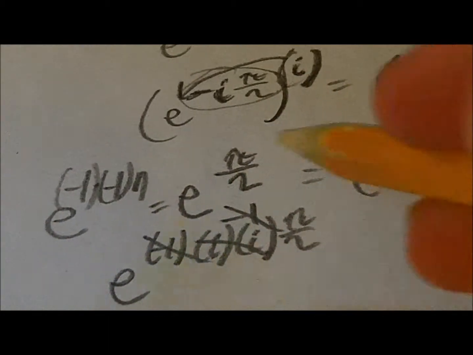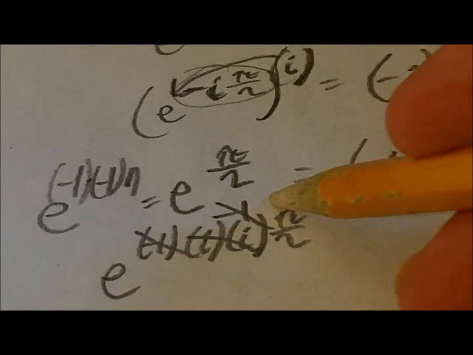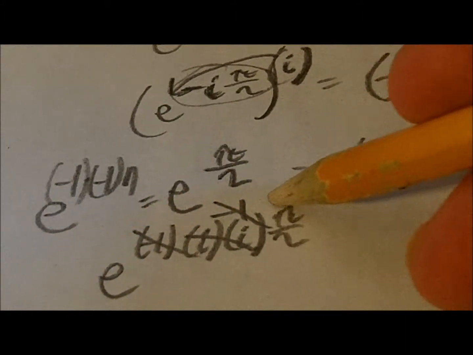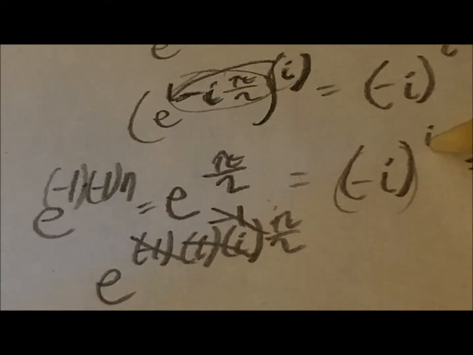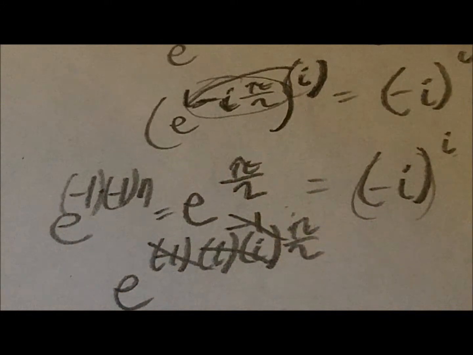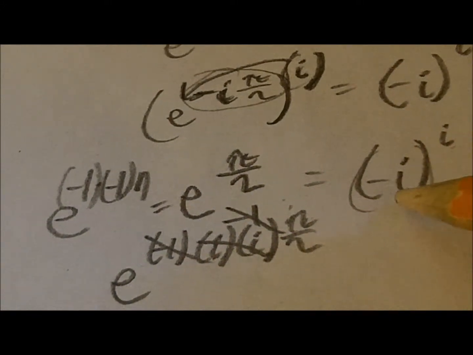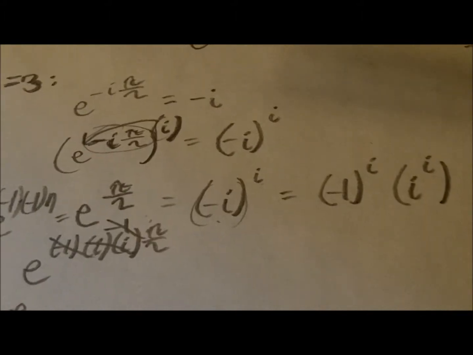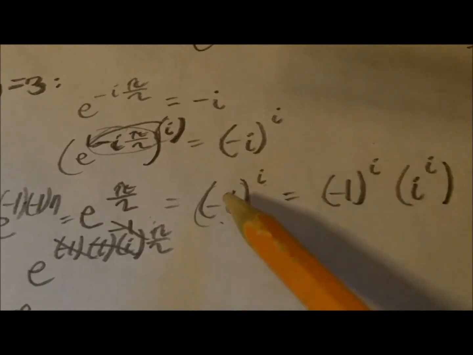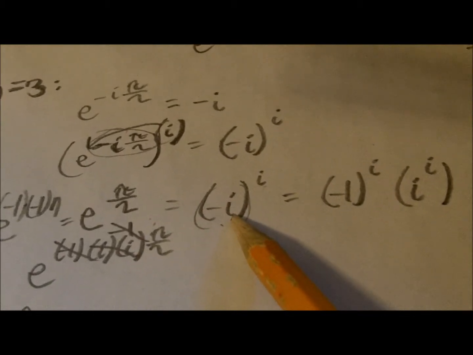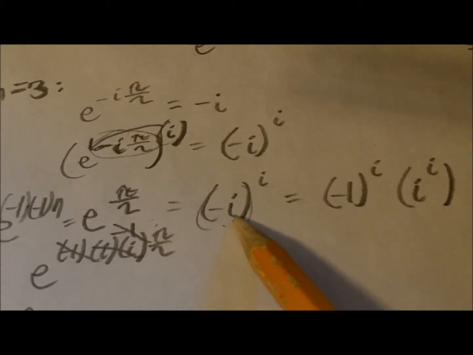Now, that is something very fascinating and something we're familiar with in the real number system. And we have the quantity negative i to the power of i on the other side of the equation. Now, I'm going to zoom out, and I'm going to work on the right side of the equation. We can express this right side in another way.